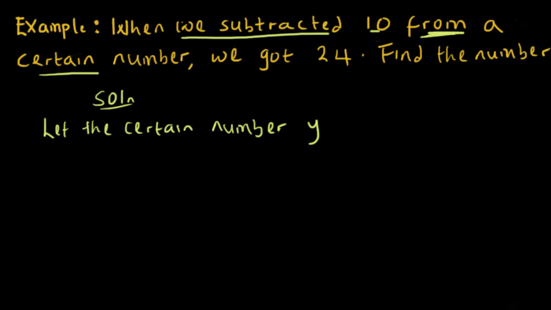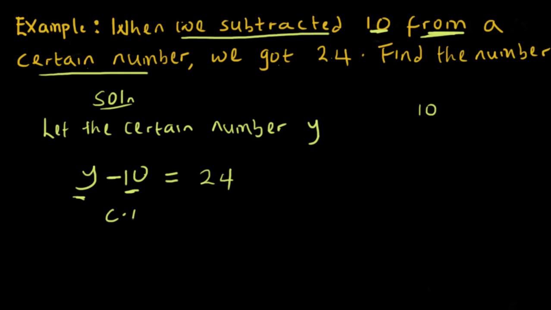The certain number. Remember, I told you that when you say subtract 7 from 10, 10 comes first. So when we subtracted 10 from a certain number, the certain number comes first. So we have y, and subtract means minus, and then we have 10. We got 24, so it equals 24. Find the number, so we are trying to find y.